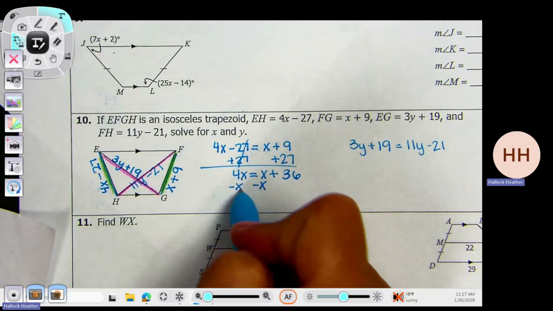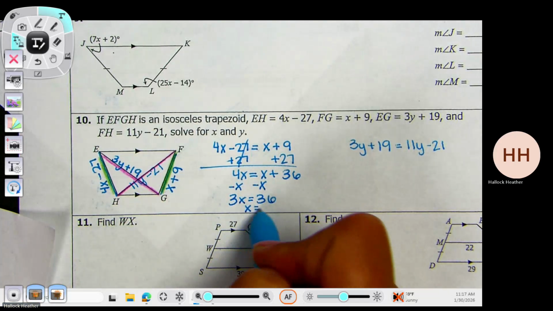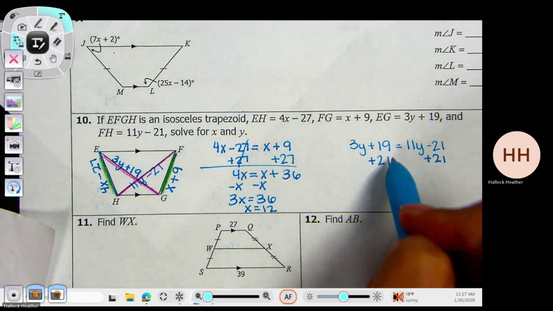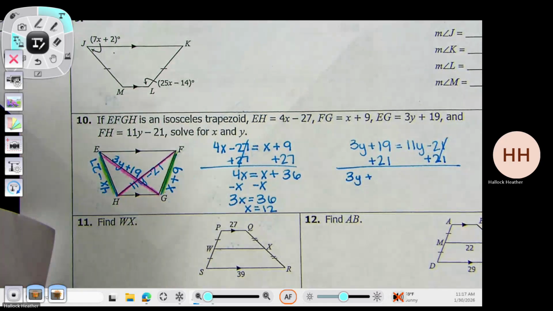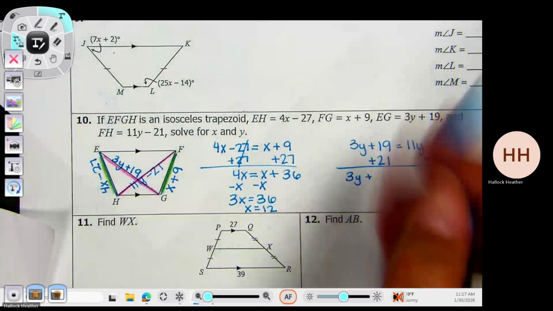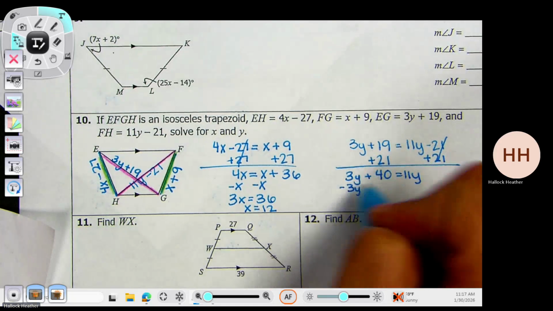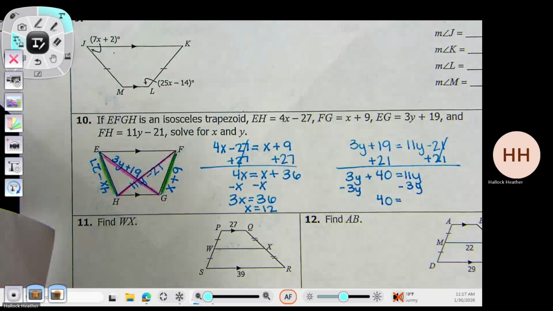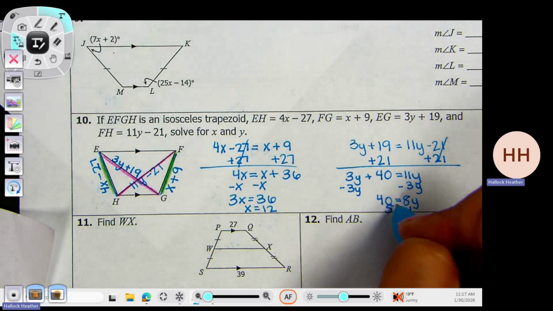Trapezoids, and what else do you have to do?